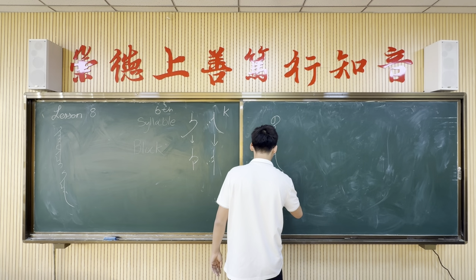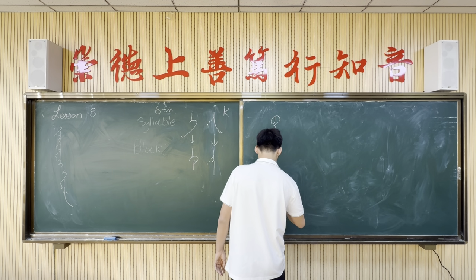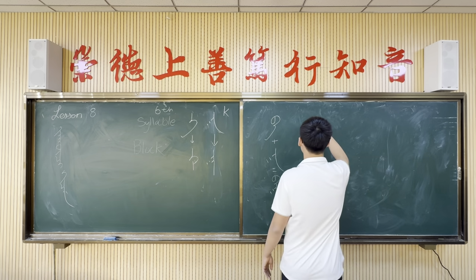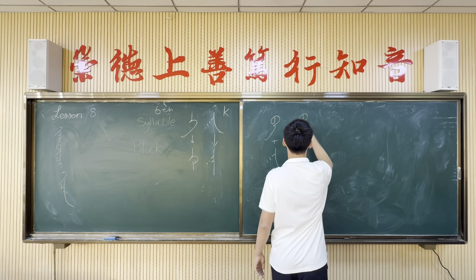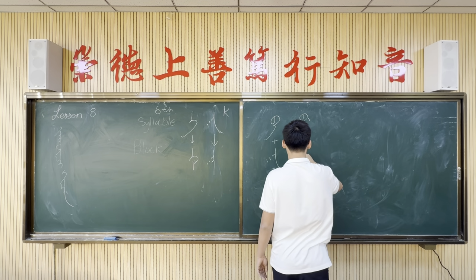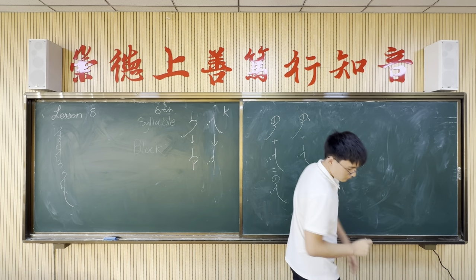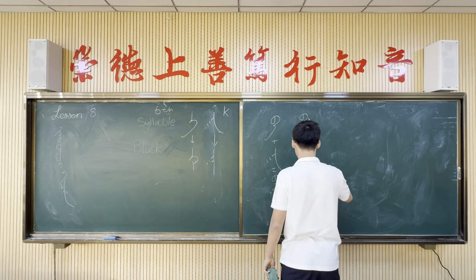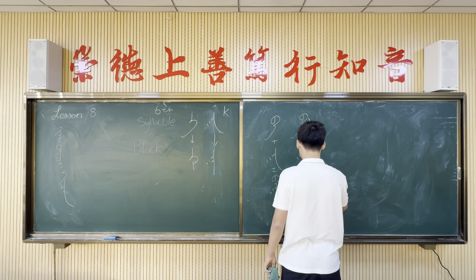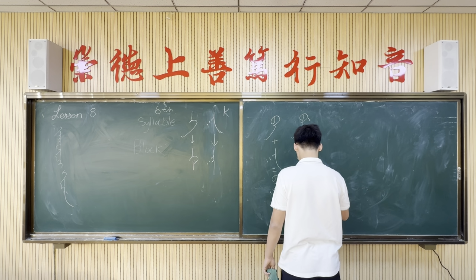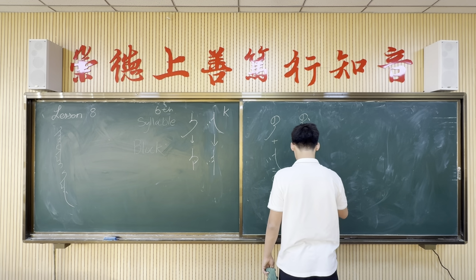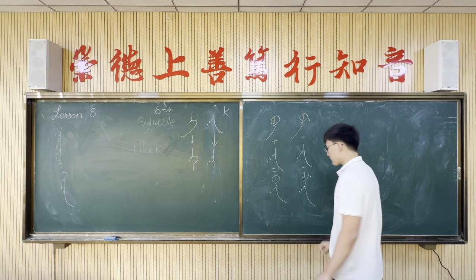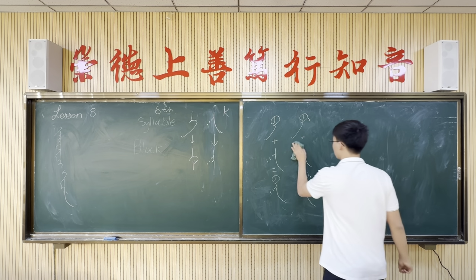So it'll be bak, bak, bo, plus the 6th syllable. Book. Oopsies.